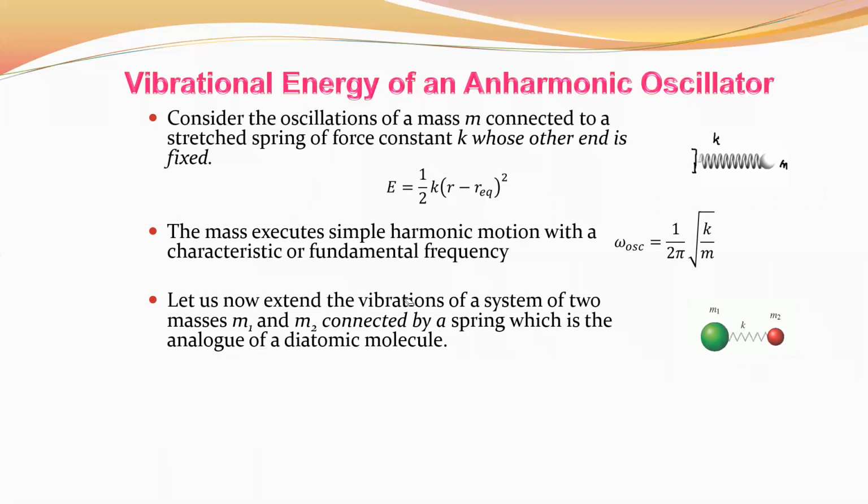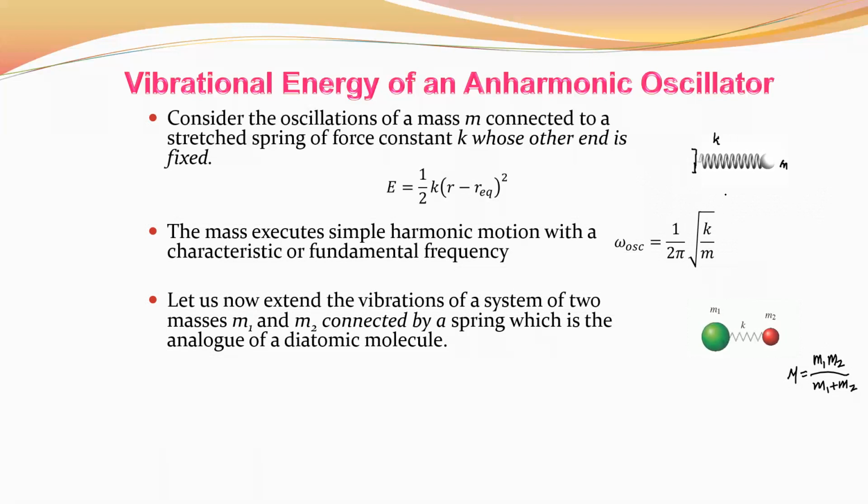That is, if we introduce a reduced mass of the two-body problem as mu, mu is equal to m1 m2 divided by m1 plus m2.